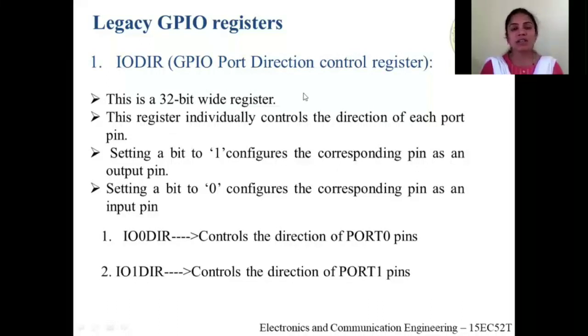Individually, we can set the direction of port pins, or the entire port can be set as an input port or output port. If we set 1 on a pin by using IODIR, the pin acts as an output pin. If we set 0 on the pin by using the IODIR, that pin acts as an input pin.